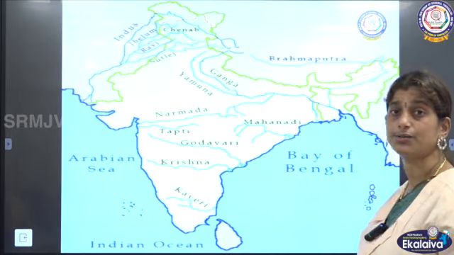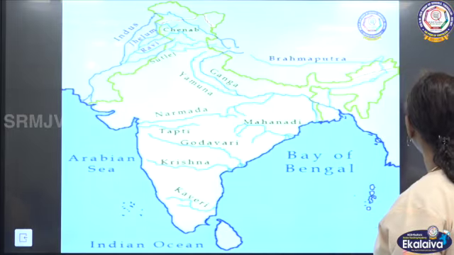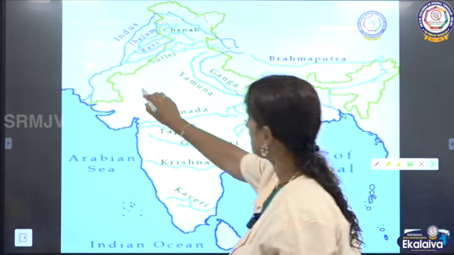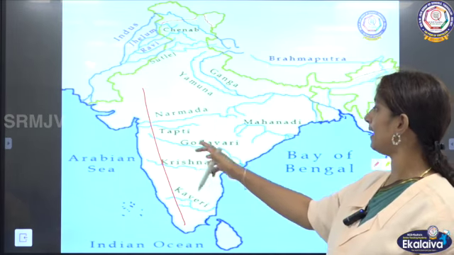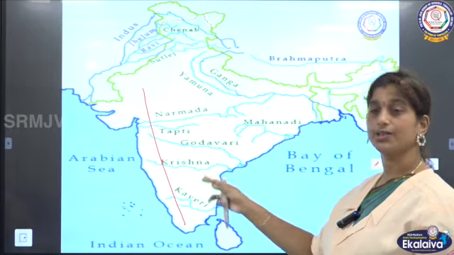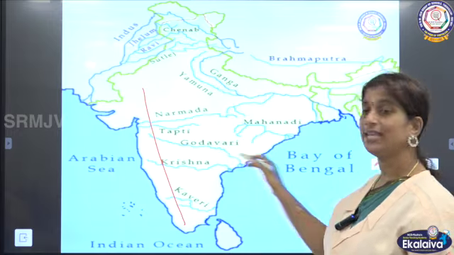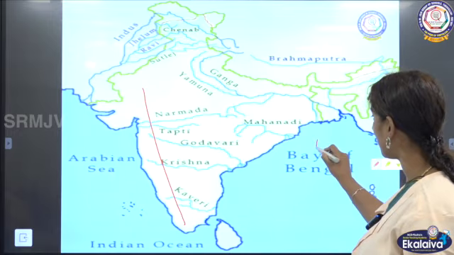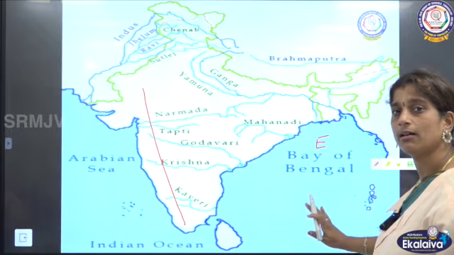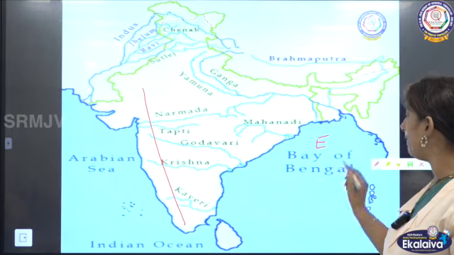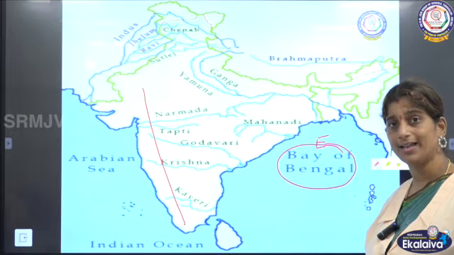I am showing it to you again. This part is the Western Ghats we have seen. These rivers like Mahanadi, Godavari, Krishna and Kaveri are all flowing towards the eastern direction, and they all drain at the Bay of Bengal, right?